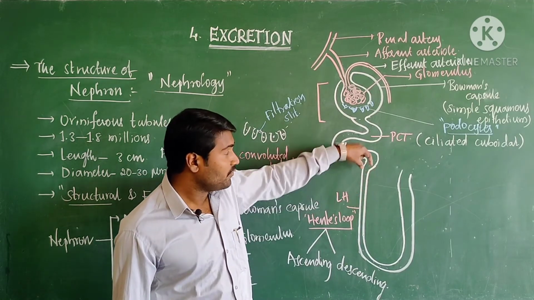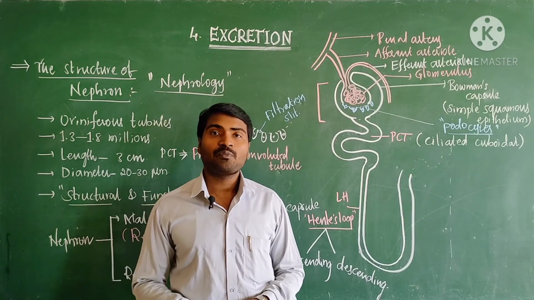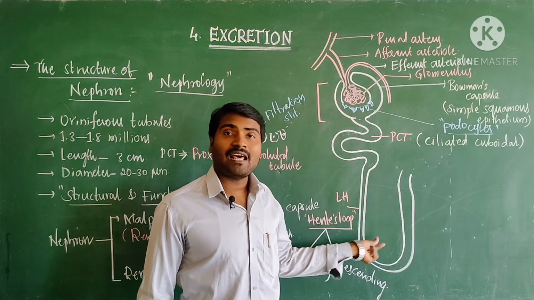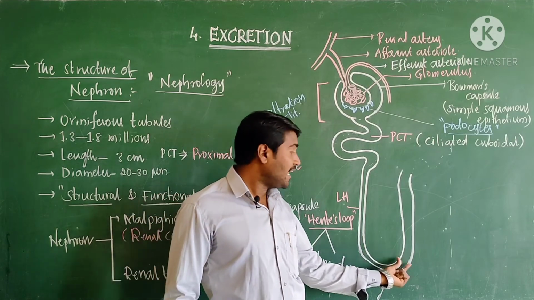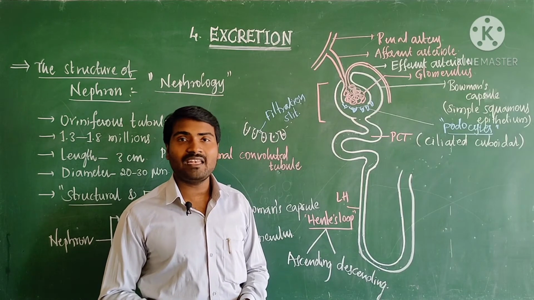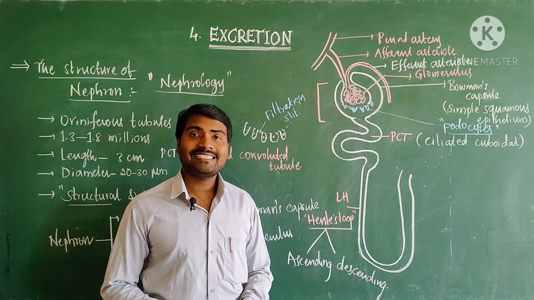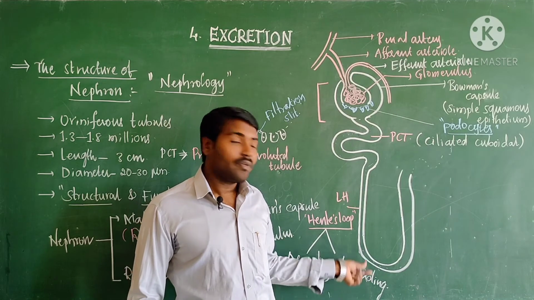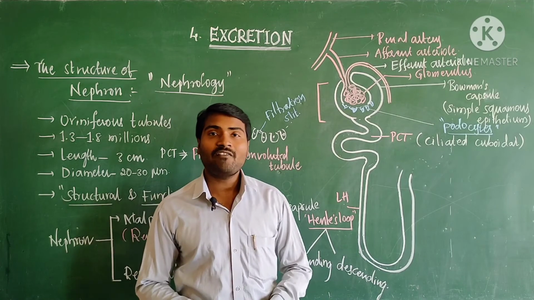The narrow tube which comes down from the PCT is known as the descending loop, which is very narrow, and which makes a U-shaped turn, a hairpin-like turn. Then the tube is called the ascending limb of loop of Henle. It is somewhat thicker than the descending loop. So PCT gives descending loop, then it rises as an ascending loop. So these are the two parts of the loop of Henle.